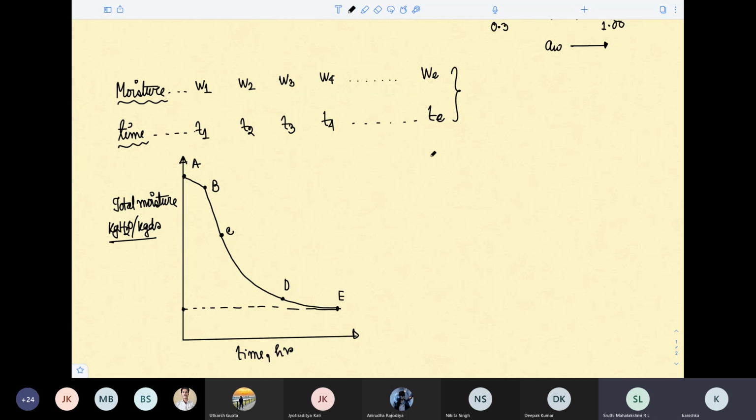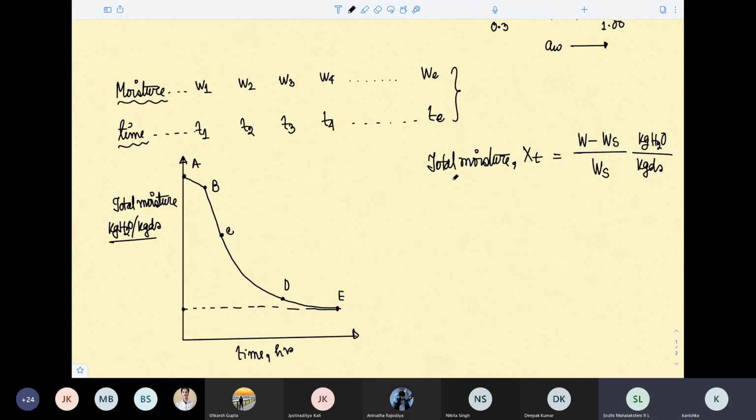Let's say total moisture is Xt, X total, capital X total, which equals W minus WS divided by WS, kg H2O per kg dry solids.